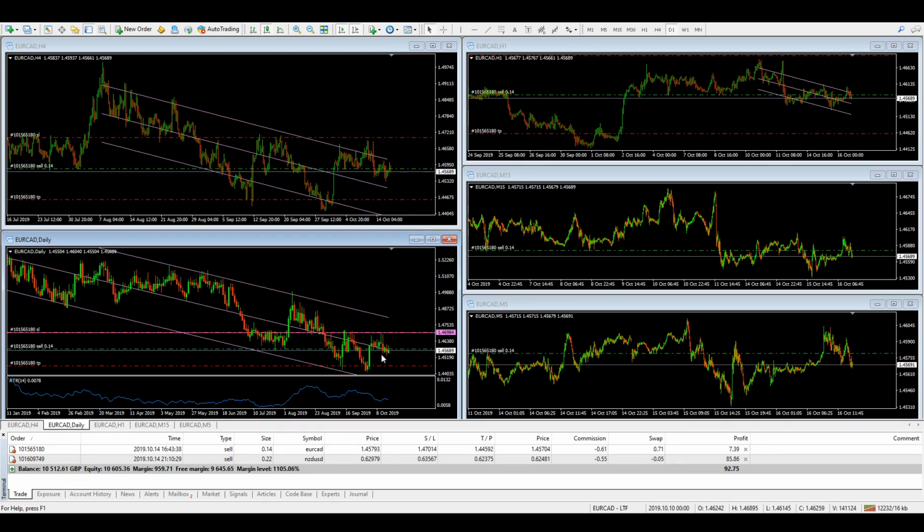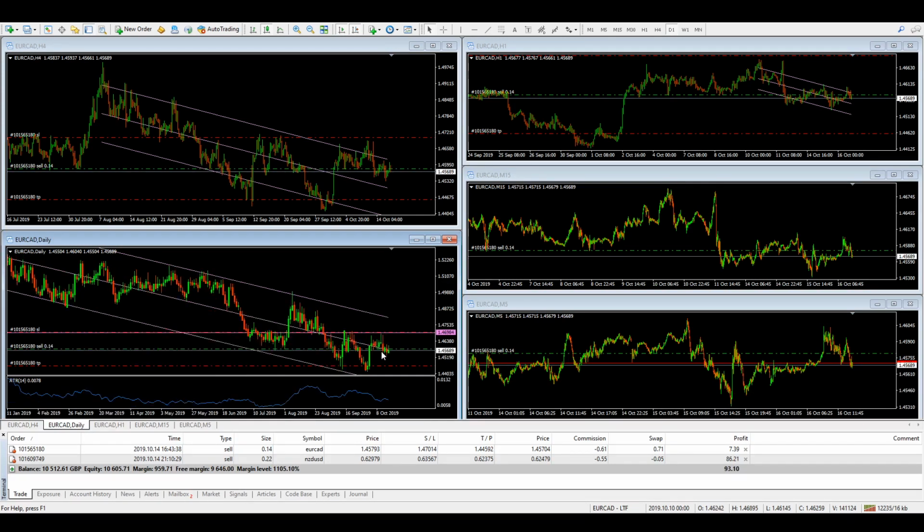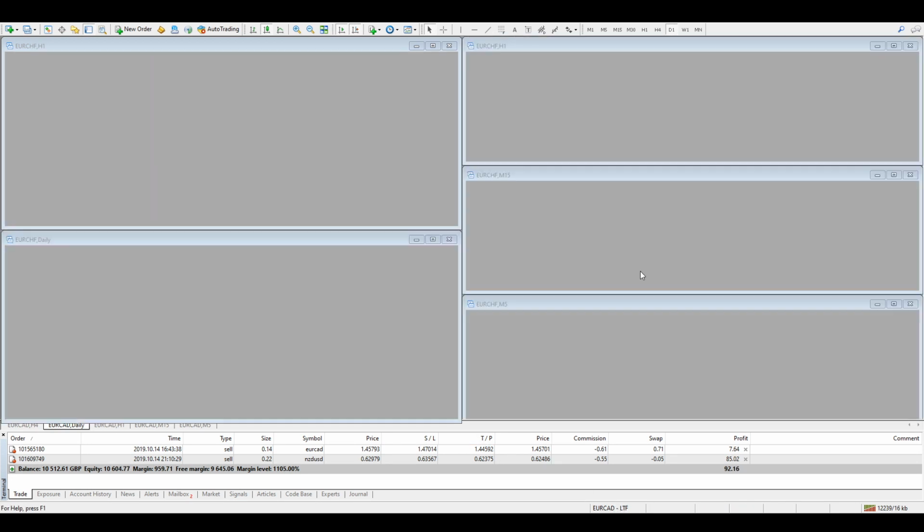And yeah, we'll just see how this one goes. Probably not one that I would want to add to in terms of scaling in, just because of that issue that we're seeing on the daily. But I'm happy to have 1% online for this one in terms of risk. So yeah, we'll see how that one materializes.